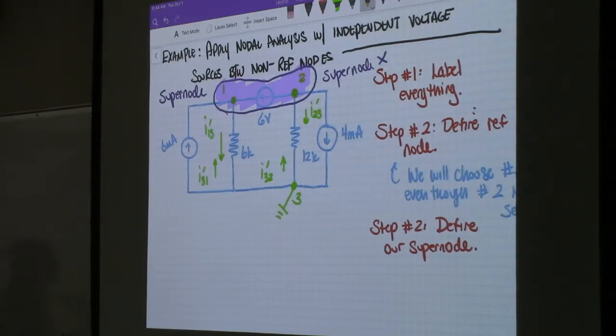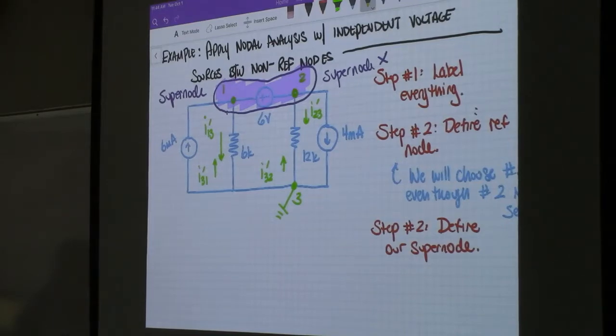Why does node number 2 make more sense? Or node number 1. Either node number 1 or node number 2 make, yes.